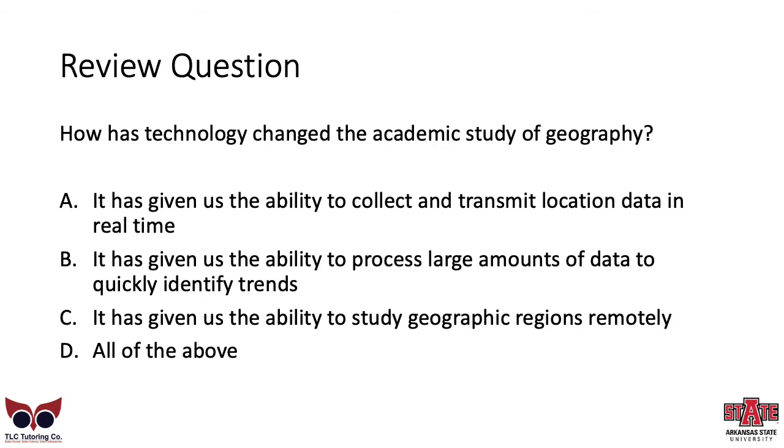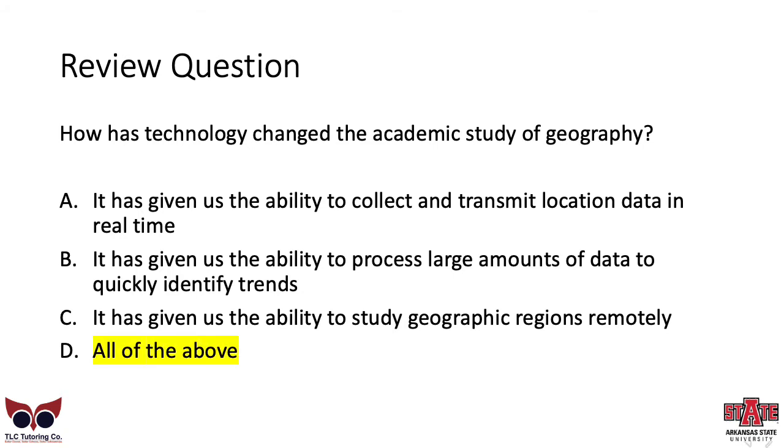A. It has given us the ability to collect and transmit location data in real time. B. It has given us the ability to process large amounts of data to quickly identify trends. Or C. It has given us the ability to study geographic regions remotely. Or D. All of the above.